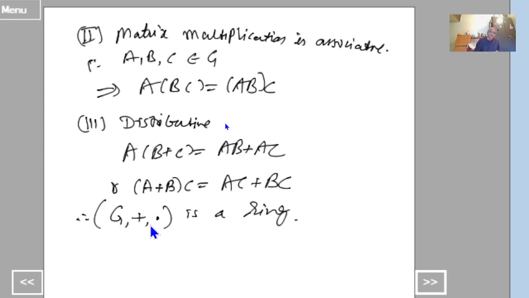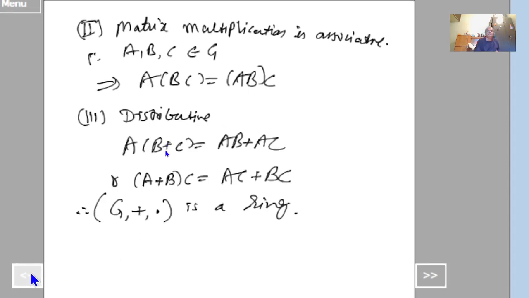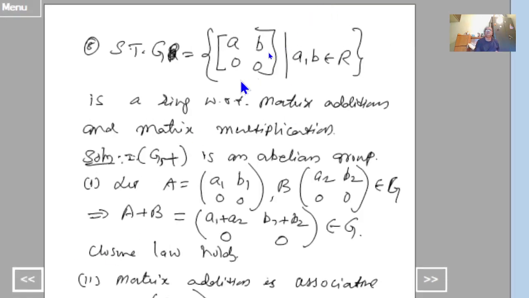And is this with unity? See here, G consists of elements of this form, all 2 by 2 matrices where the first row is A, B and the second row is 0, 0. And the unity in matrices is 1, 0, 0, 1.